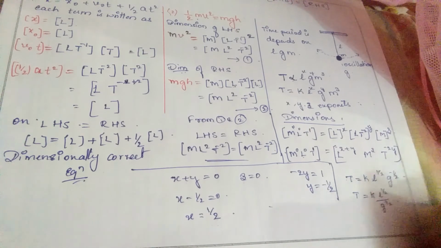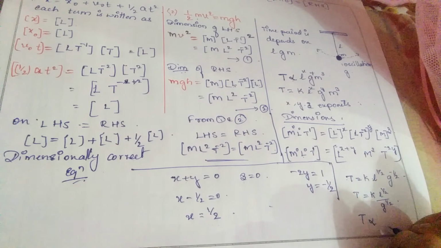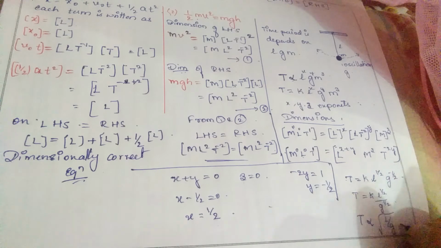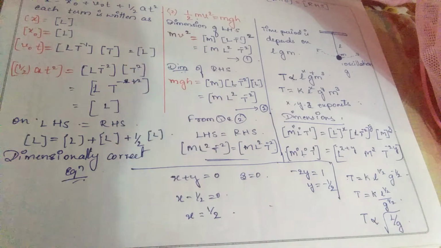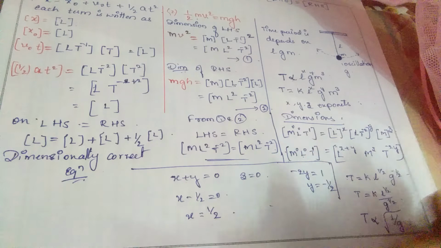Therefore T is directly proportional to root of L by g. This is the relationship between the time period and the length and acceleration due to gravity.